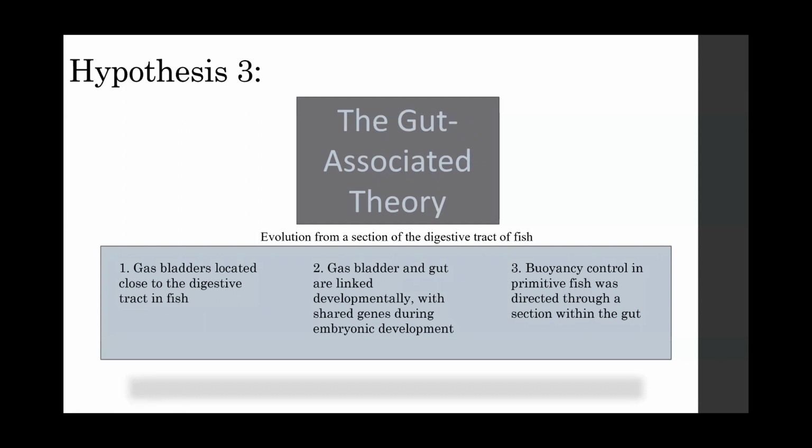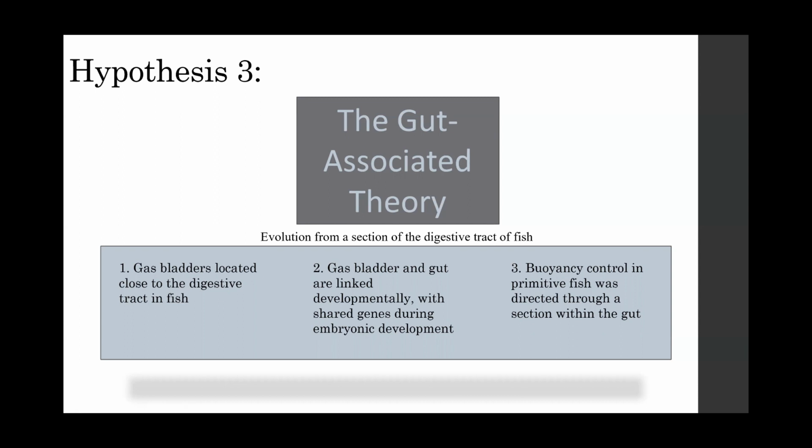This theory is a little bit more debatable among scholars in the field of comparative anatomy, but they suggest that the evolution of the gas bladder is derived from a section of the digestive tract.